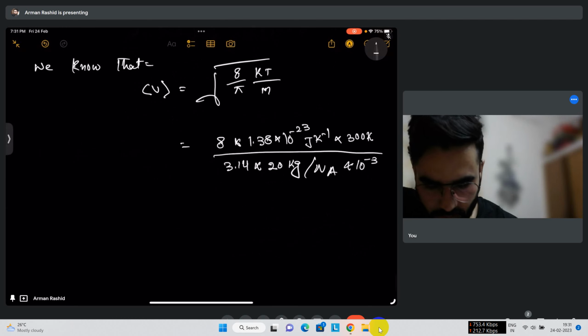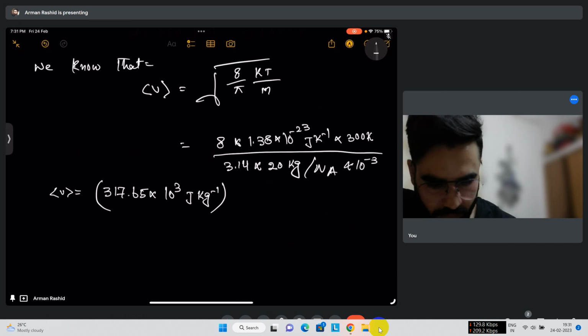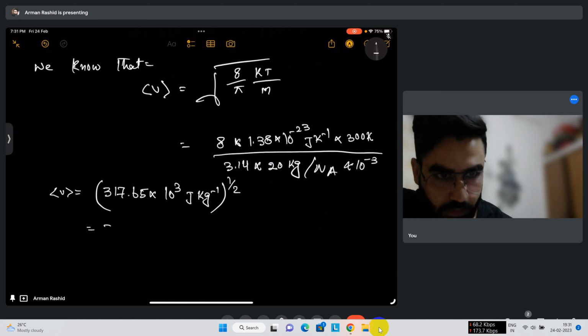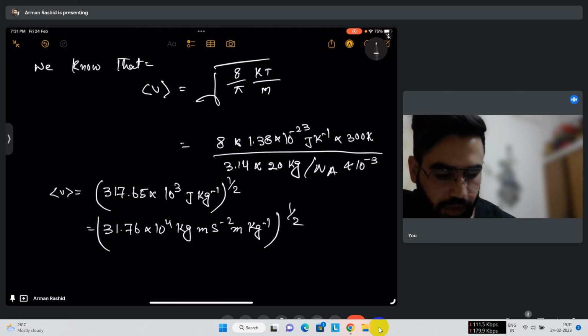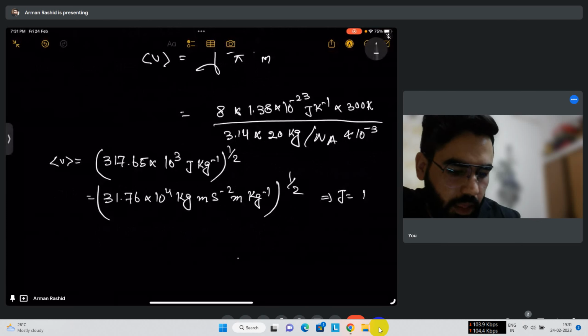Okay, so we will define the average velocity V. What we have converted is joules, since we know that a joule is equivalent to kg meter squared per second squared.